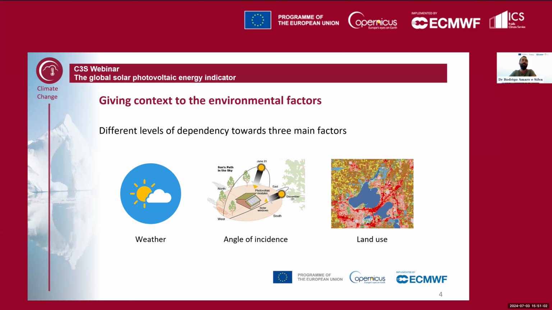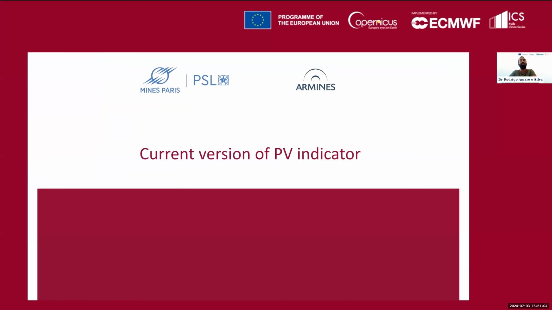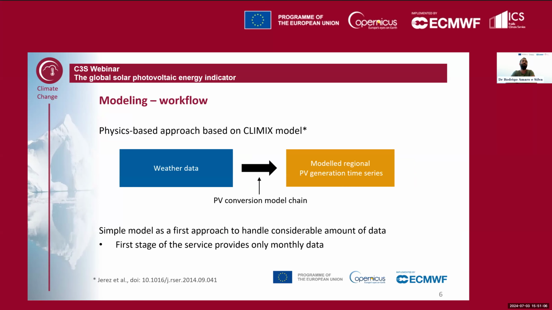deployment of this technology. In the current version of the PV indicator, we will provide monthly data, which was estimated using the Climix model, a simple model mostly known in the climate research community.